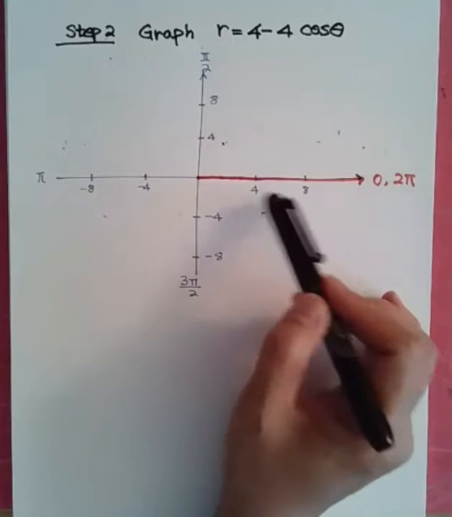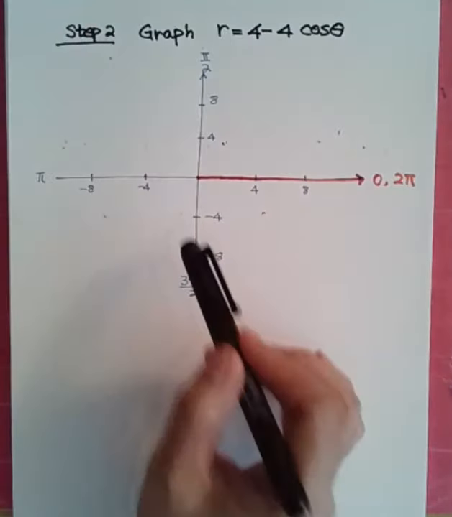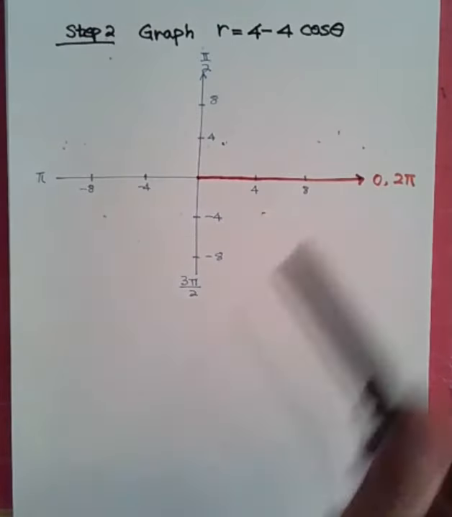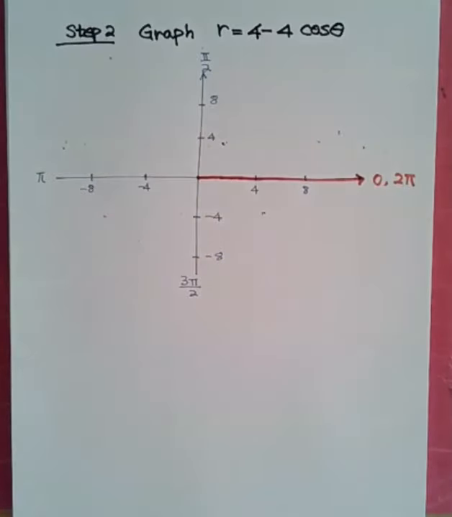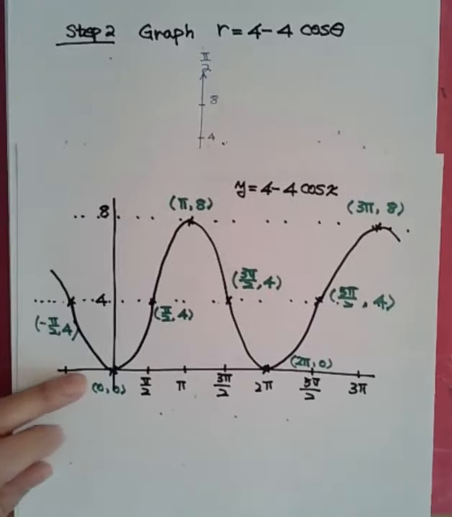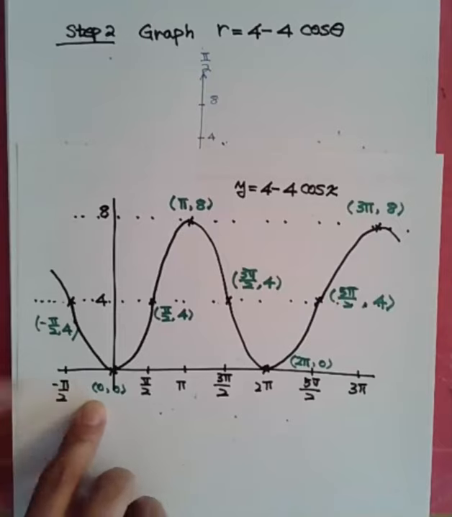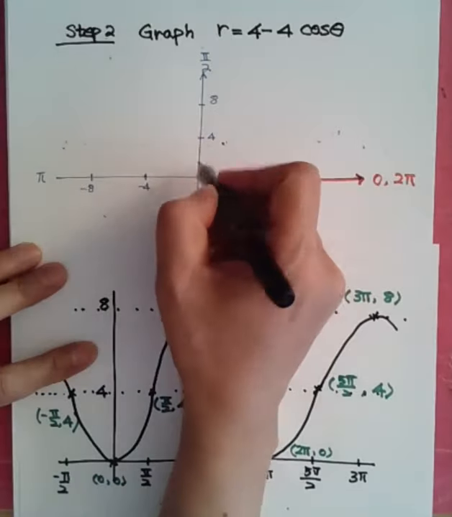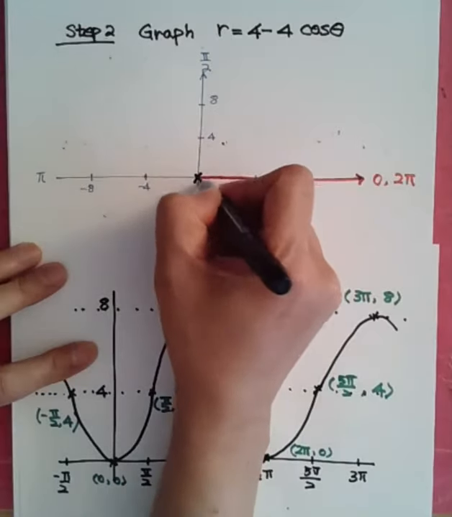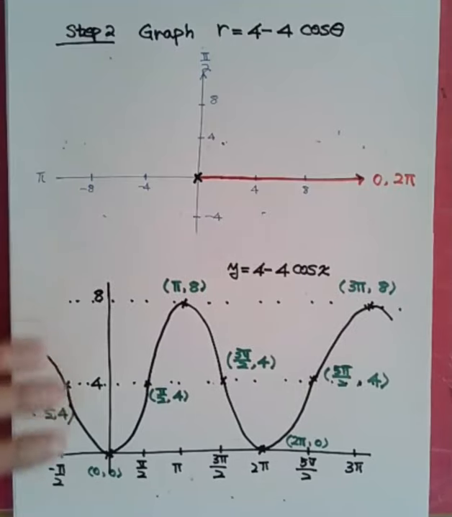What I labeled as benchmarks are rectangular coordinate, and these are the angles. At the starting point, it starts with 0 and 0. When the angle is 0, the distance is 0. That means that point must be a pole.